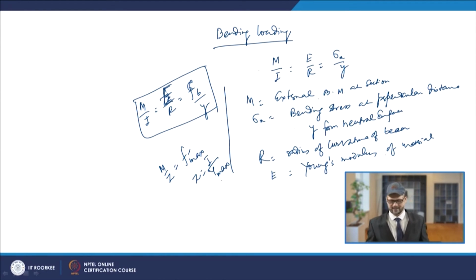If you take this section modulus as the parameter, you will have Z as I upon y max. So, these parameters can be computed for calculating the required dimensions and solving the problem when it comes to the bending type of loading.